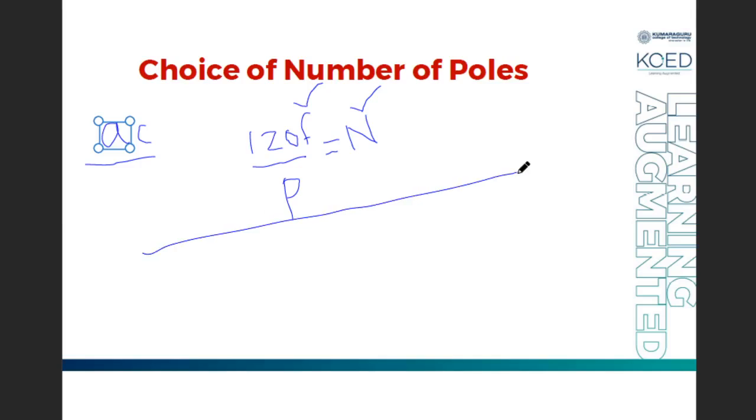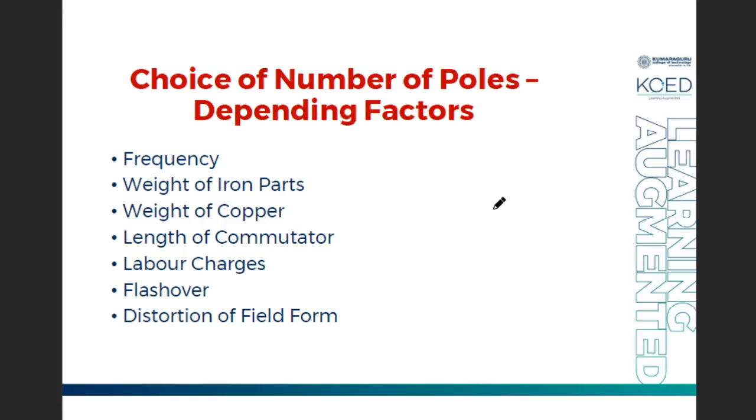But in case of a DC machine, there is no formula like this to find out the number of poles. So we have to decide the number of poles considering a few factors. Listed here are the few depending factors for selection of the number of poles for a DC machine.